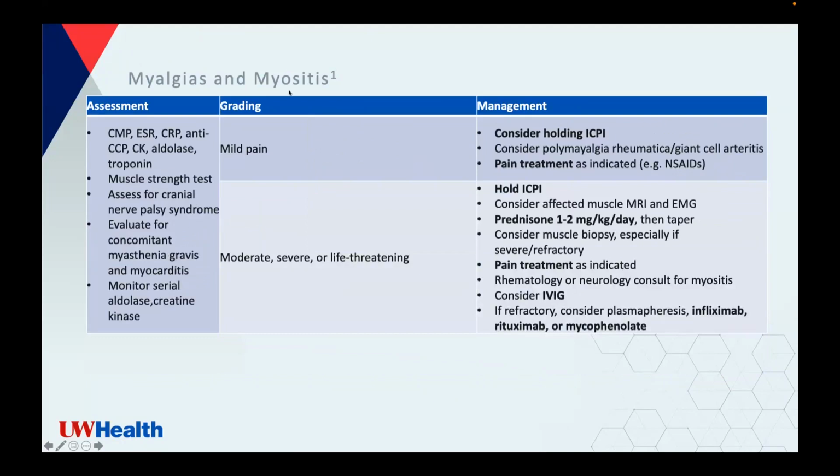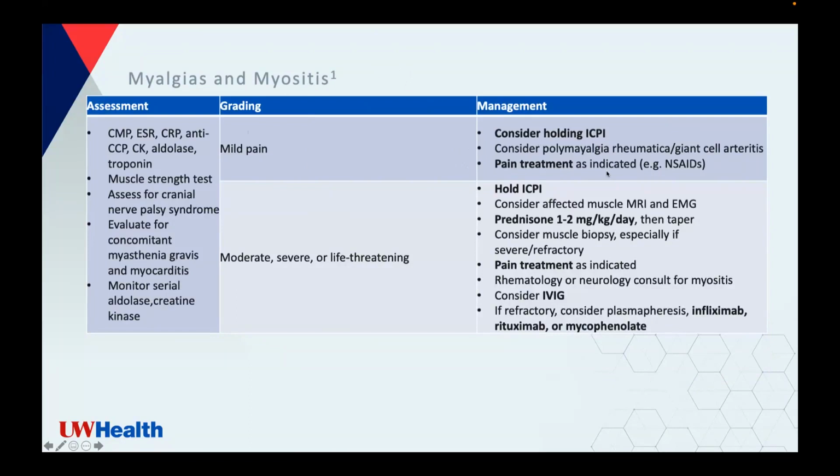Then the myalgias and myositis, or muscle weakness, that we alluded to earlier. In this case, after rheumatology workup for differential diagnosis, in the case of mild pain, we would consider holding the ICPI at that point and treating with NSAIDs as indicated.